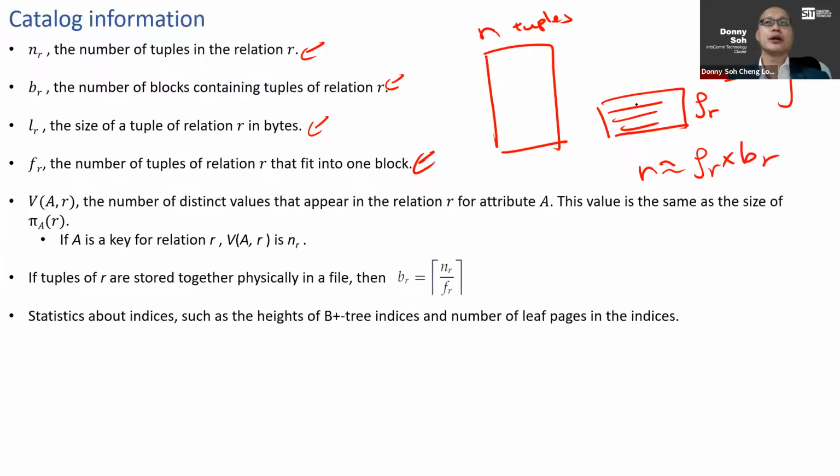The number of tuples in the block multiplied by the number of blocks. So if the size of a block is, let's say, capital L, fr would then be equal to capital L divided by small l.